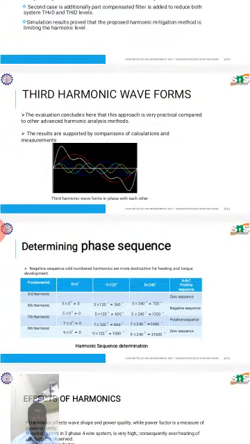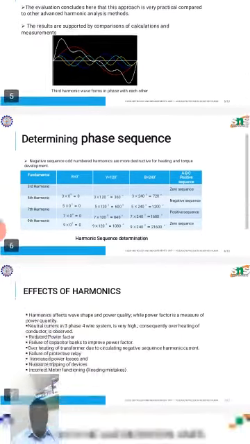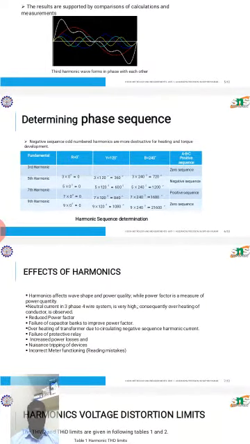Harmonics affect wave shape and power quality, while power factor is a measure of quality. Neutral current in a 3-phase 4-wire system is very high. Consequently, overheating of the conductor is observed. Reduced power factor is given in these total harmonic formulas. Overheating of the transformer is due to circulating negative sequence harmonic current.